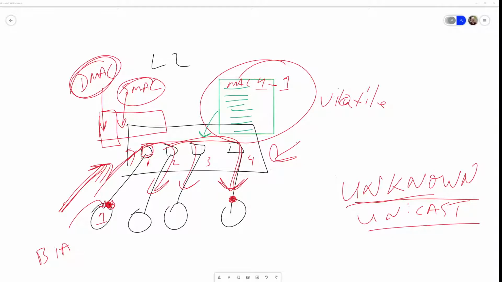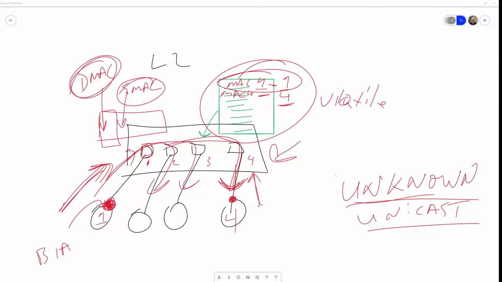However, it just learned where this computer is, so we build this one entry. When this computer receives it, it sends back a reply. The same snooping activity takes place, and the MAC address for computer number 4 will be learned that it is on port 4. Okay, so you can see how this starts to get built.